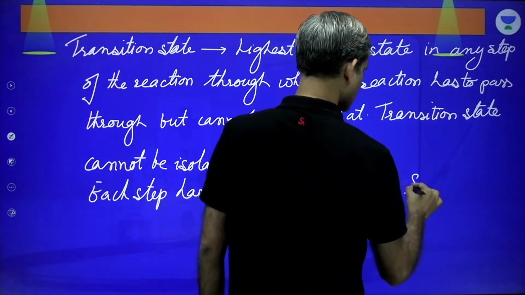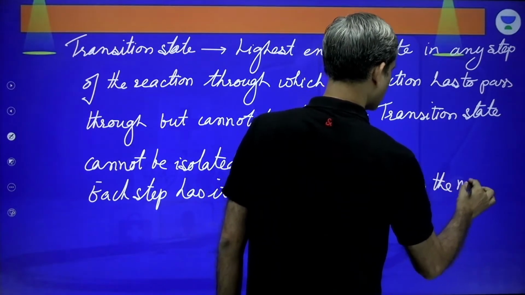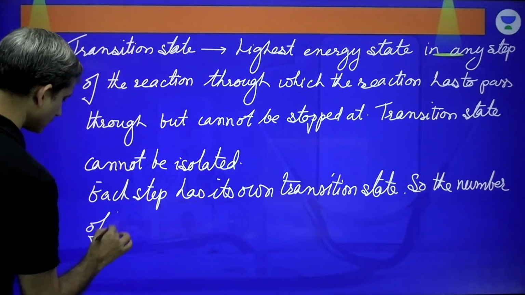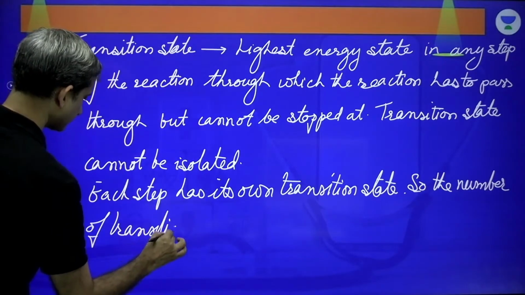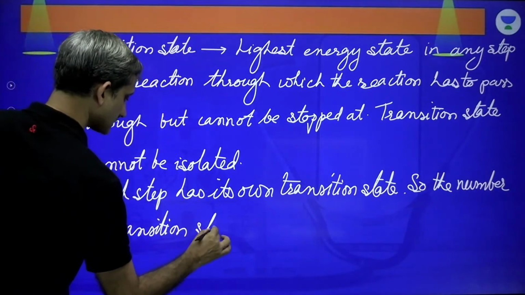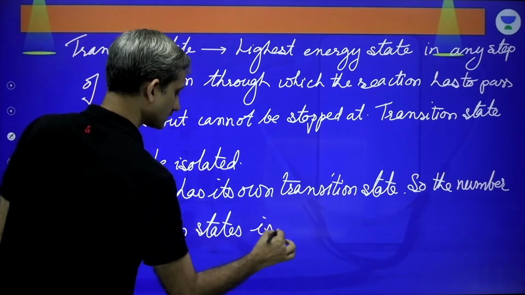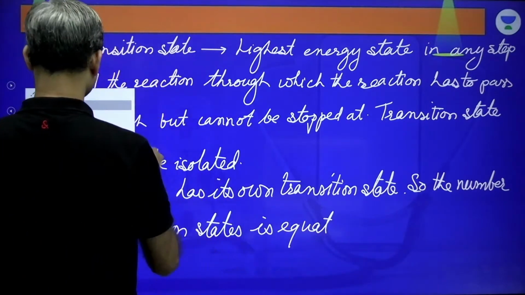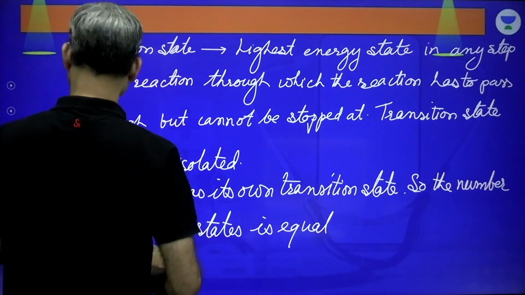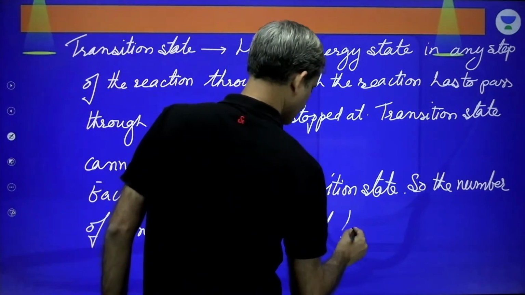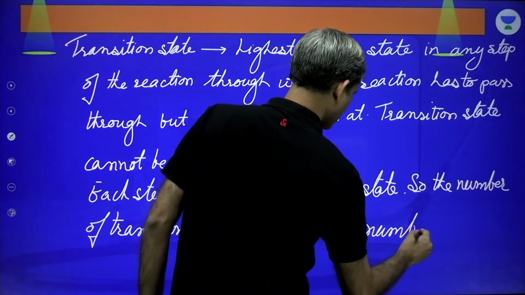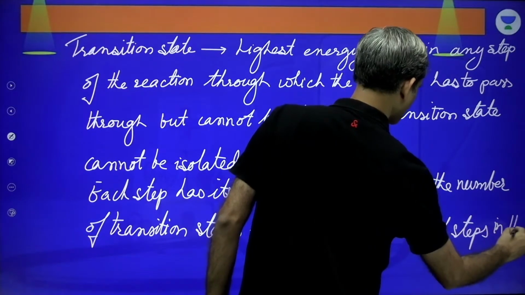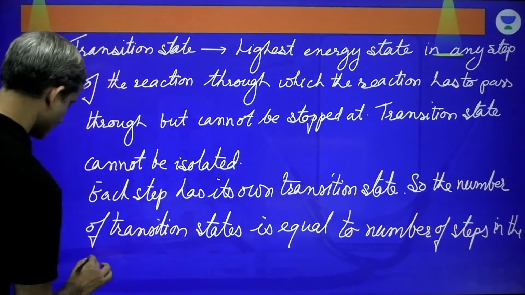So that means the number of transition states is equal to the number of steps in the reaction.